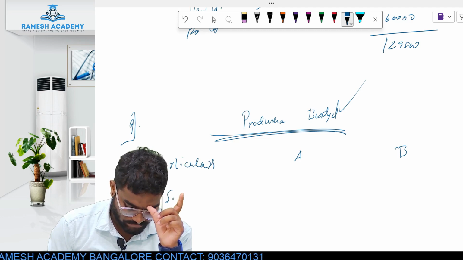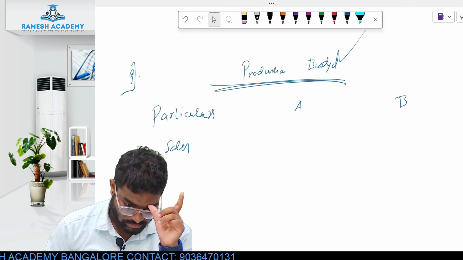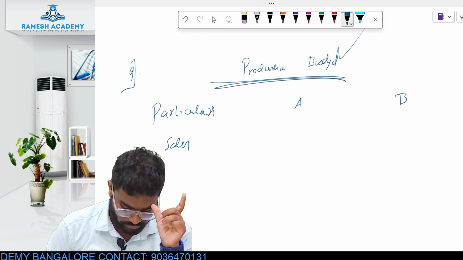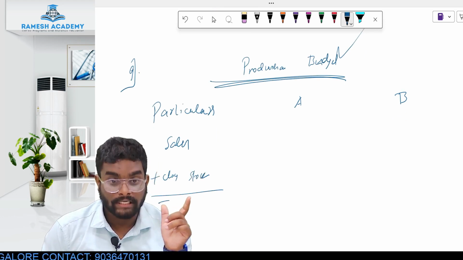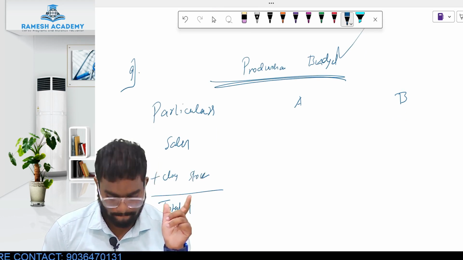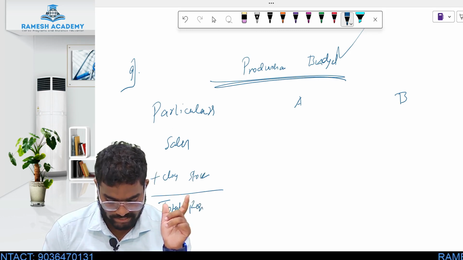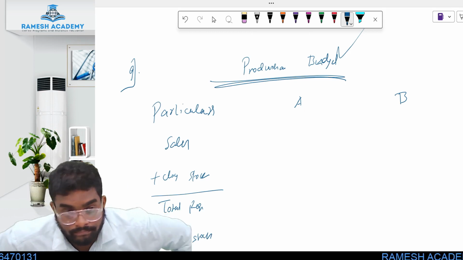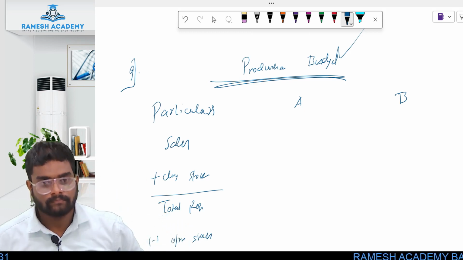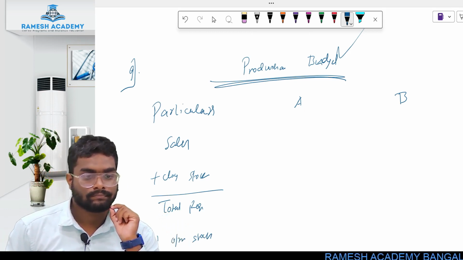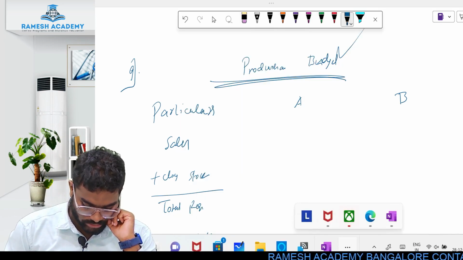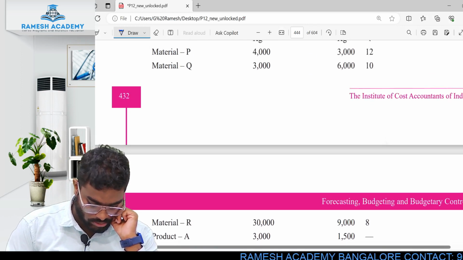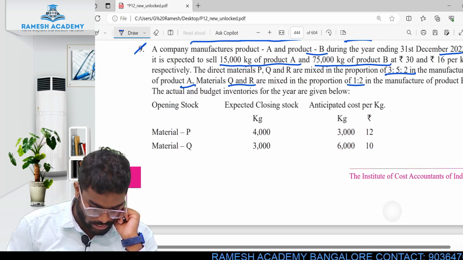As usual, the same formula: sales, then we add the closing stock to get the total requirement, minus the opening stock. Obviously they would have given the sales in the question, along with the opening and closing stock.